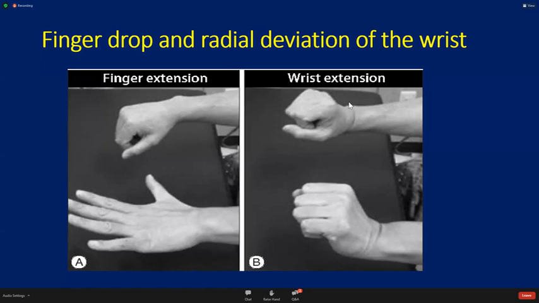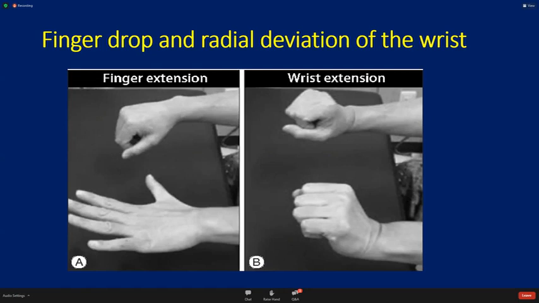The ECR longus is supplied from the lower arm, whereas ECU and ECR brevis are supplied by the posterior interosseous nerve. So the ECR longus, which is one of the stronger muscles, is spared in a patient who has only PIN palsy, and when this patient tries to extend, the wrist tends to deviate towards the radial side.